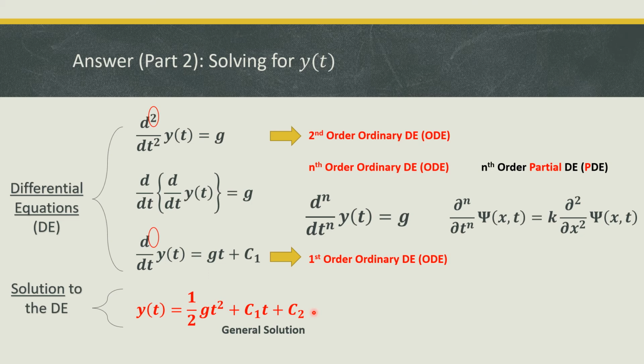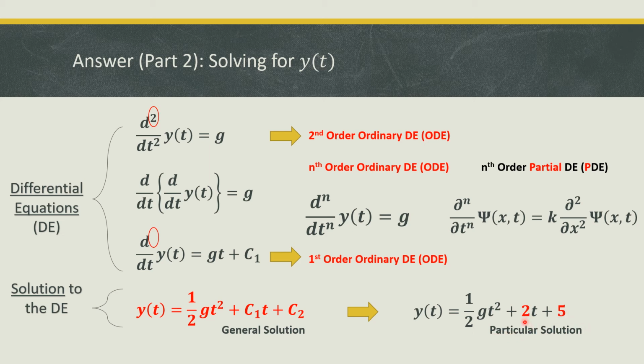Now, in many cases, we are given a differential equation and a set of conditions that must be satisfied. Those conditions will allow us to narrow down the values of c sub 1 and c sub 2, and so we are able to get a more specific solution. We call it a particular solution.